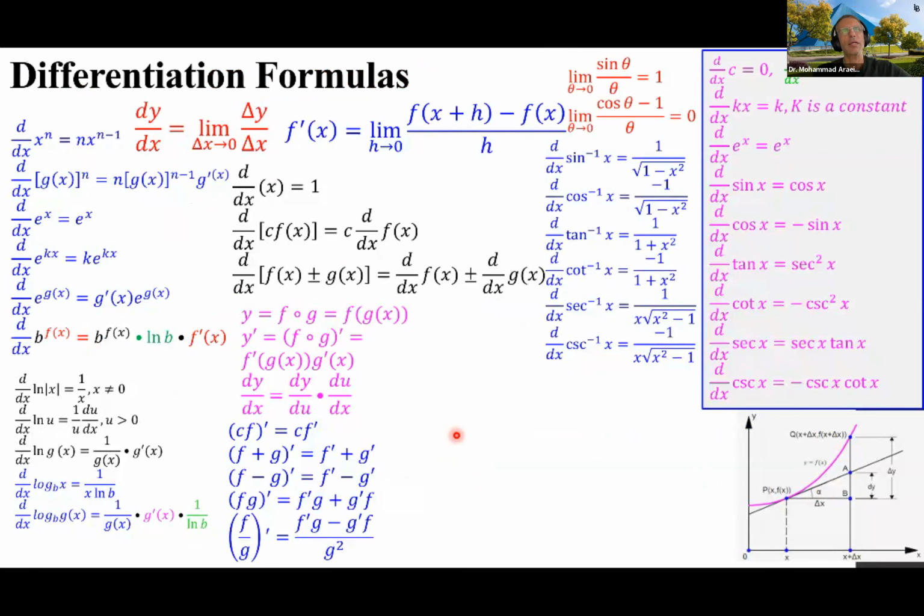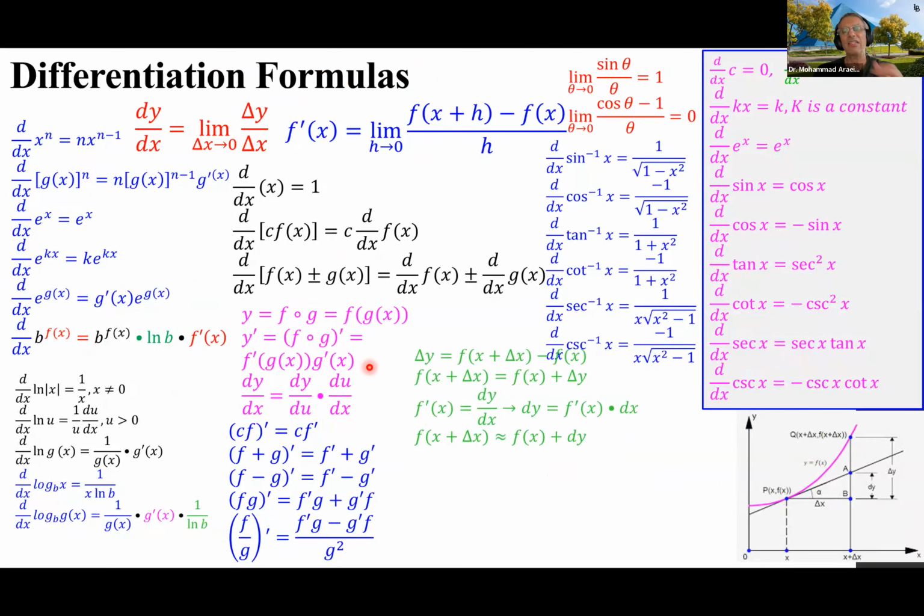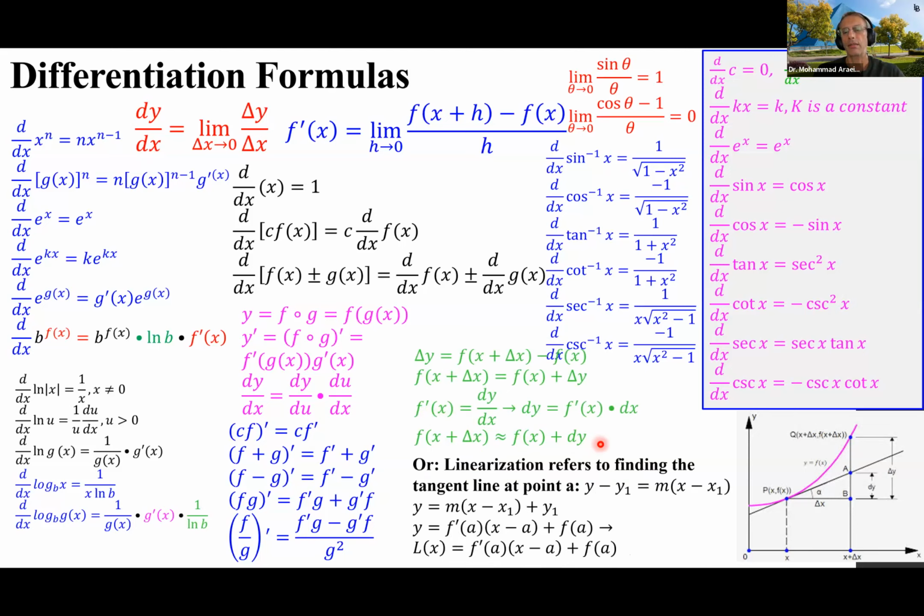4.7 and 4.8. As you can see, there are many differentiation formulas that by now, I believe you are very comfortable with. Here's the linearization. Here's the delta y versus dy. Delta y is the change in y along the curve.